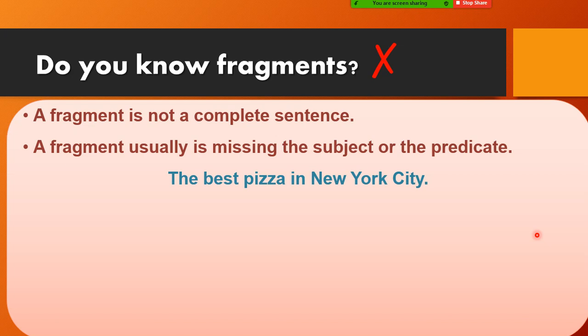Yes, I know the best pizza in New York City. But did you get a complete meaning? Does it give you a sense? No, it's missing something. So it's a part. This means that these words are cut off another larger sentence. That's why we call it a fragment. It's a part of another sentence.